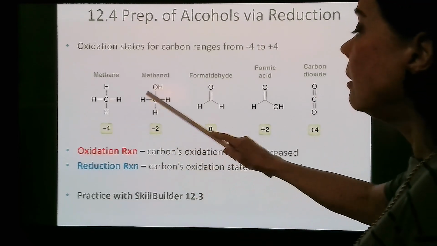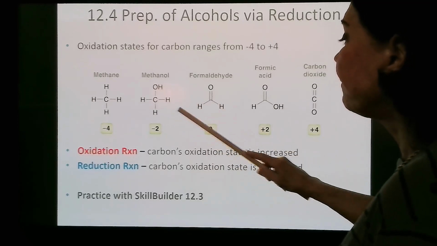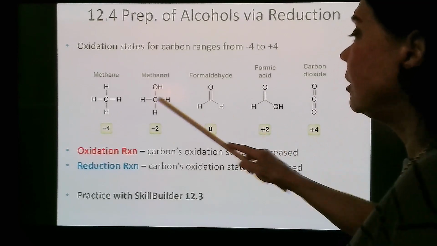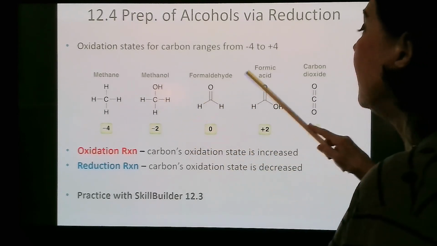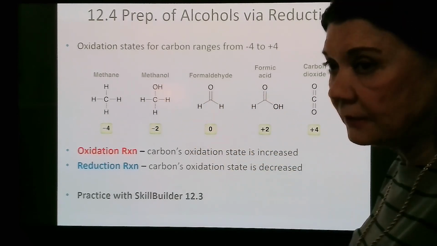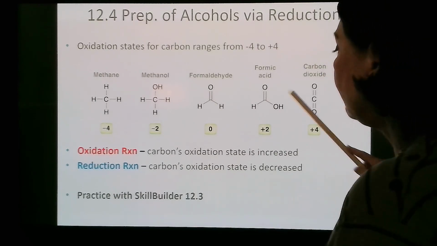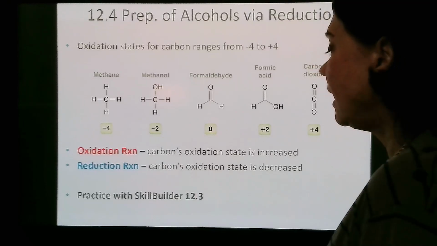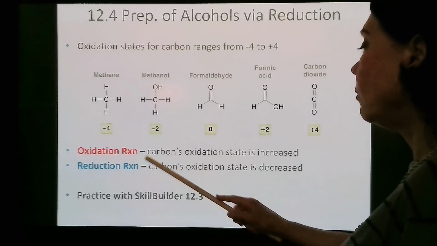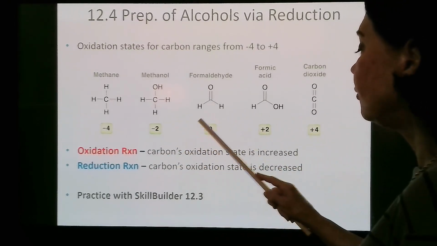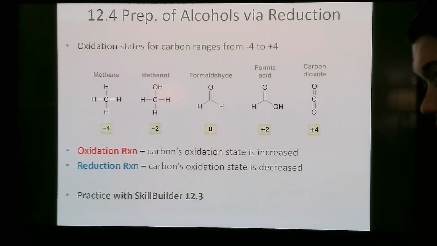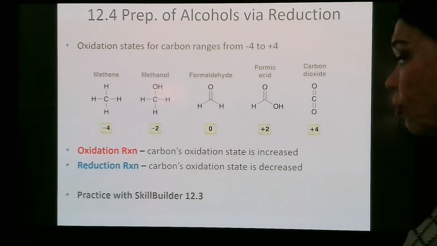And when you go to a greater and greater number of bonds to oxygen, of course, that's an oxidation, and this is what you would expect. If you increase the number of bonds to hydrogen, this is a reduction. And so going in this direction, carbon's oxidation state is increased. Going in the opposite direction, carbon's oxidation state is decreased.